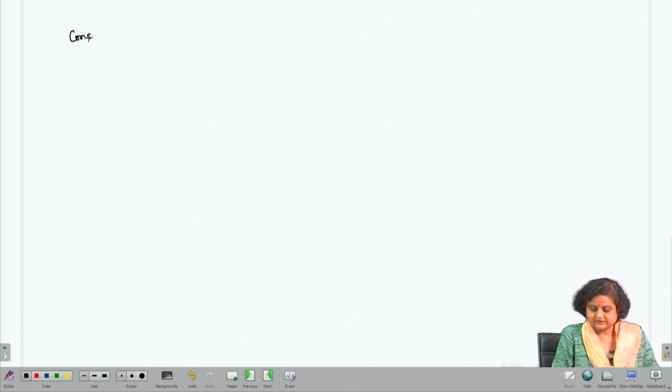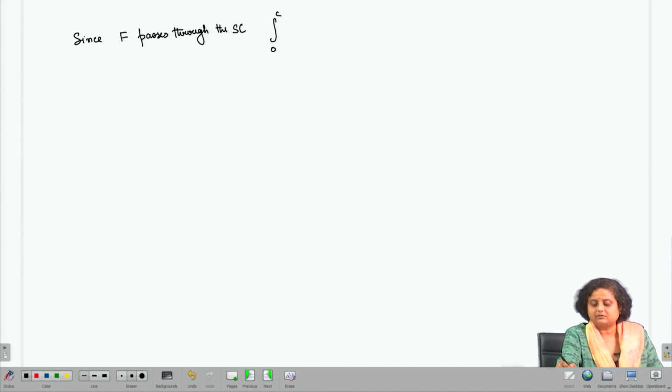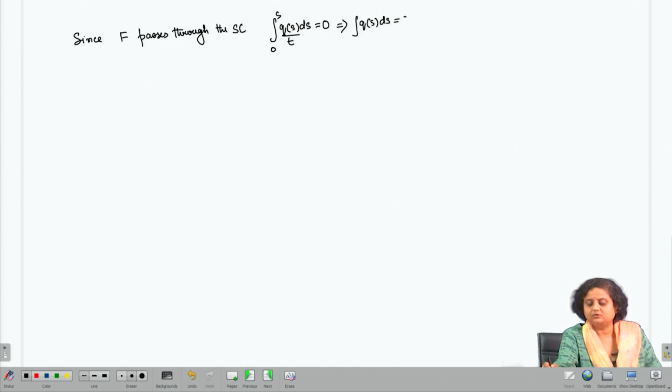So, since F passes through the shear center, Qs ds is equal to 0.